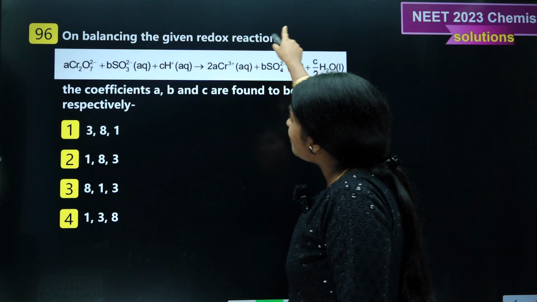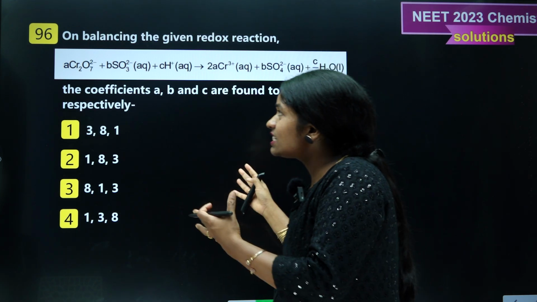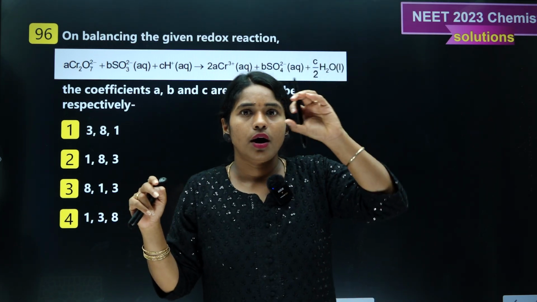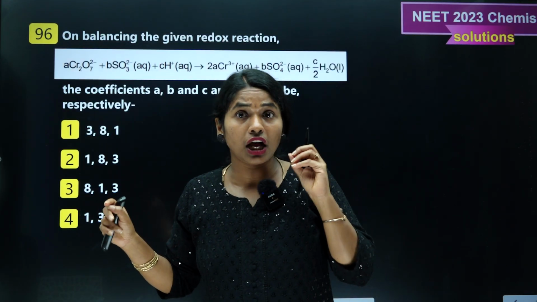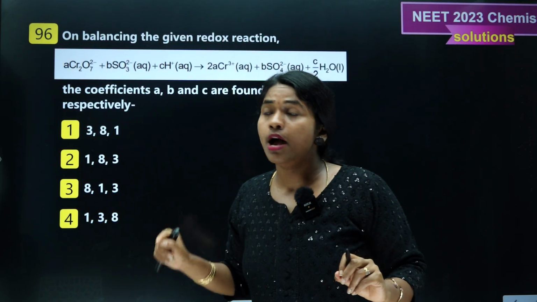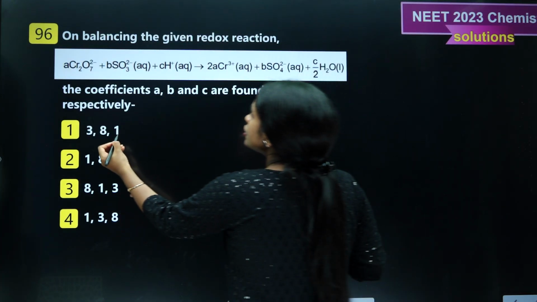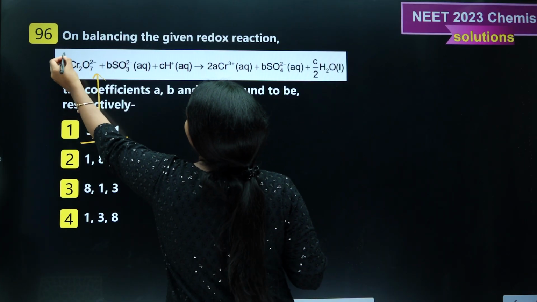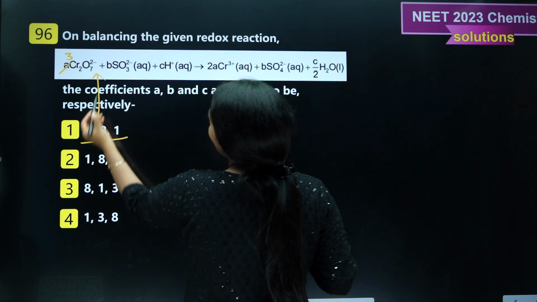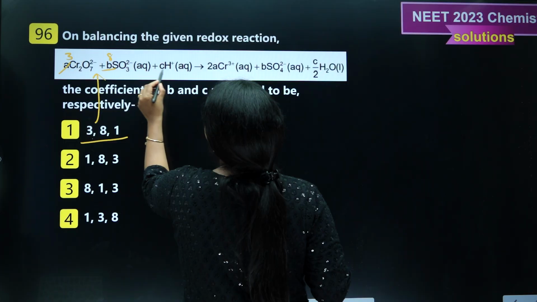On balancing the given redox reaction, for this question, you need not separate the reactions, and you need not balance the entire reaction, which consumes so much of your time. So what I suggest to you is just to try to keep the options here. First I am going to keep 3 here. Okay, 3. And here I am going to keep B place 8. And here 1.